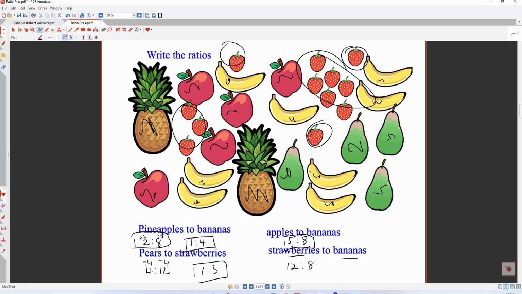So it's strawberries to bananas. And we can't reverse it unless we reverse the statement. So we can't just say strawberries to bananas is also 8 to 12 unless we say it's bananas to strawberries. This again can be simplified. So we can divide 12 by 4 and 8 by 4 to simplify the ratio, which is 3 to 2. So that's correct, but that is more correct.